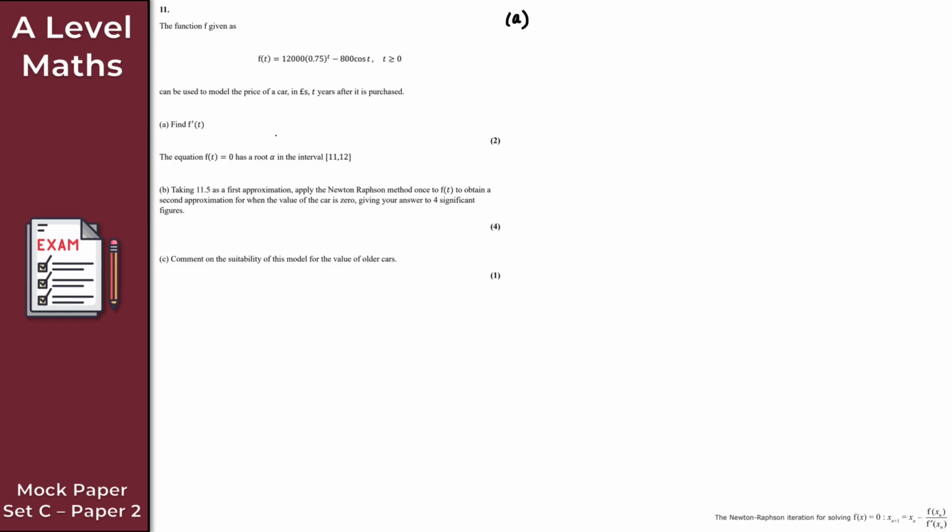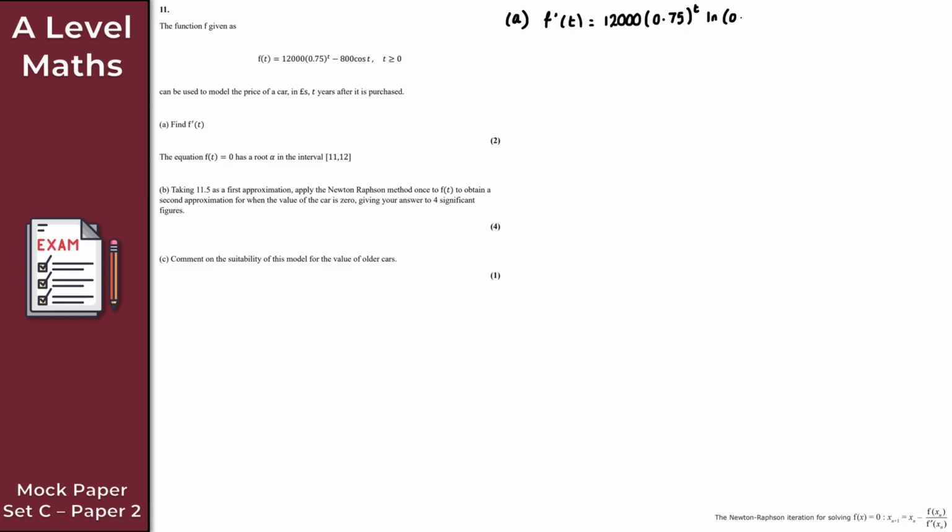Now for the first part of this question, then part A, all we want to do here is find f prime of t. So hopefully, nice and straightforward here just to get us started. So f prime of t then, the only thing to really be careful of here is this 0.75 to the power of t, right? Once we differentiate with respect to t here. So what we get then is 12,000 times 0.75 to the t, and then we times this here by ln of 0.75.